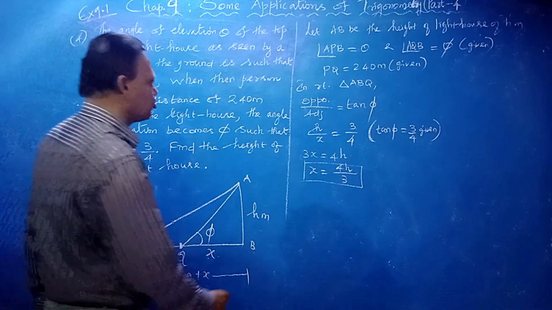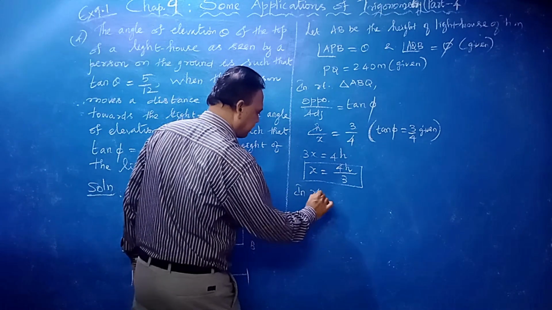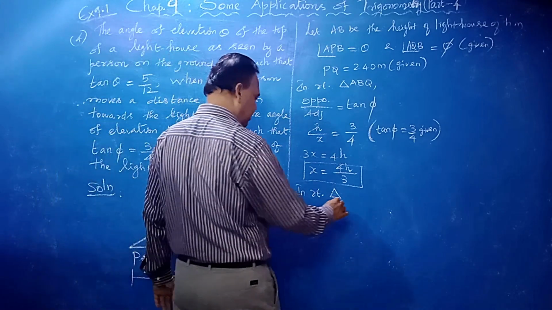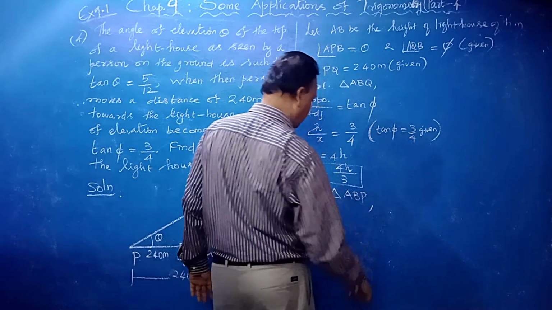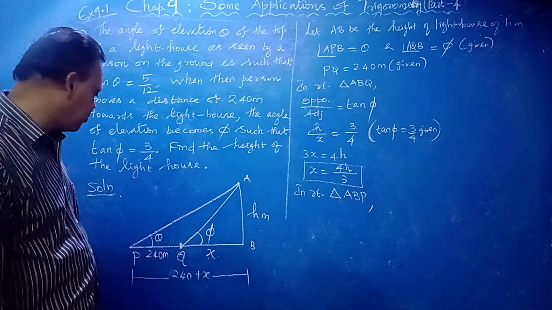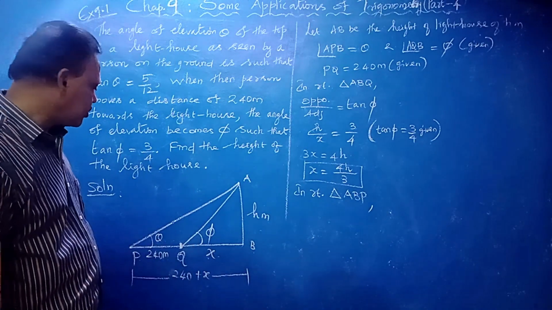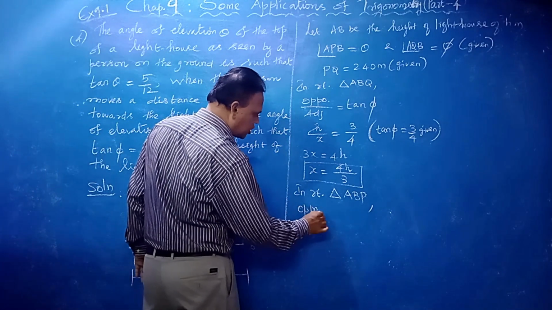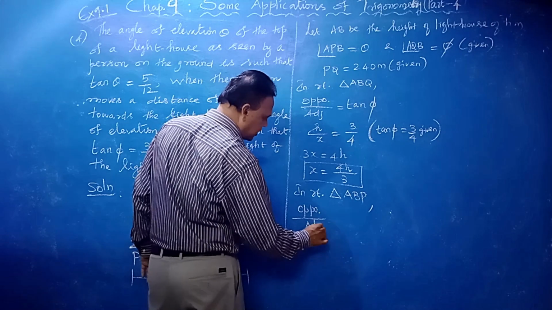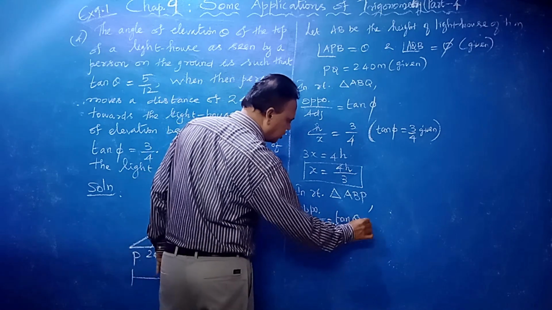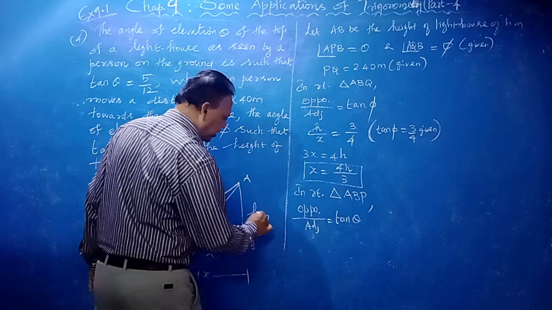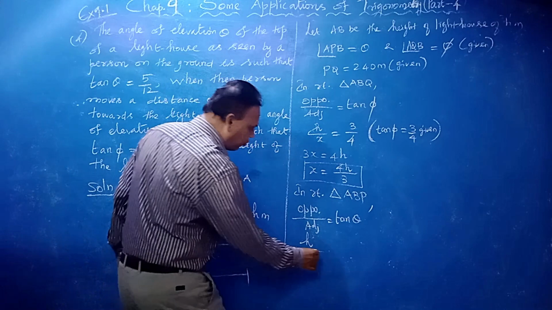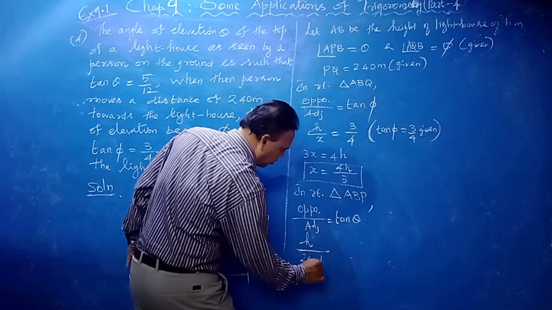Now you take another right triangle, ABP. This time same, opposite edge is tan theta. So opposite is H, and edge is this whole distance, that is 240 plus x.